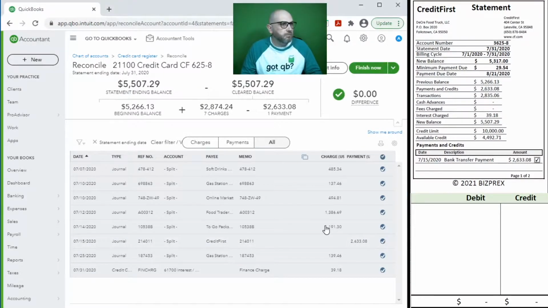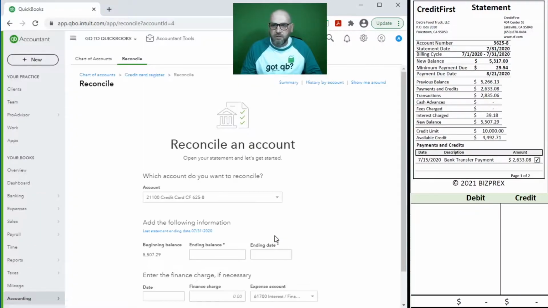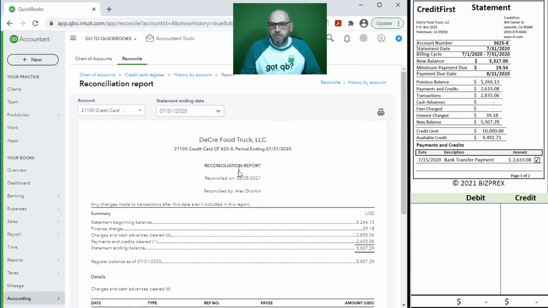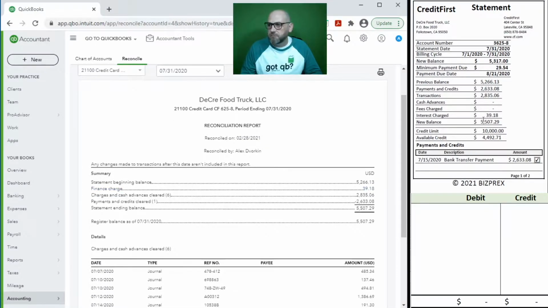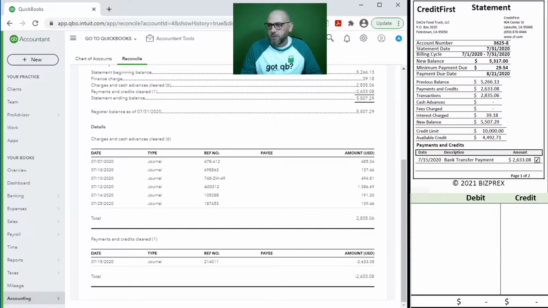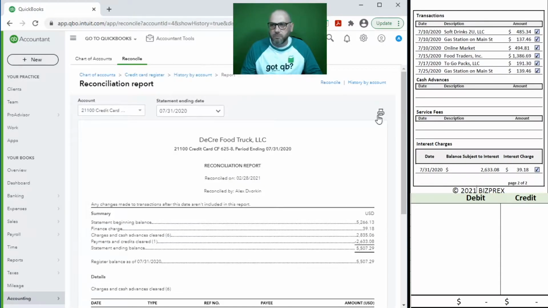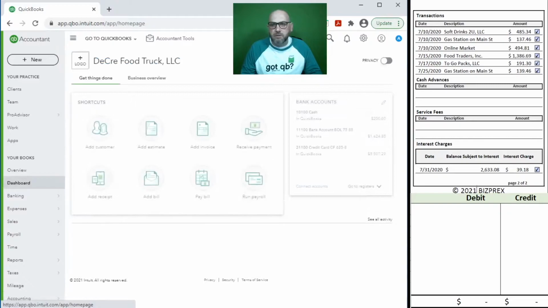Voila, we finished reconciliation, we're at 0. Let's finish it now. Summary, credit card, here it is, balance matches, transactions, payment right here, transactions right here, finance charge right here, all good to go, right? So at this point we would print this and attach it to our credit card statement indicating that it has been reconciled.